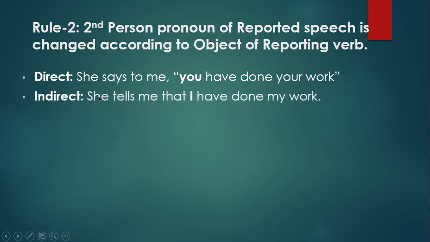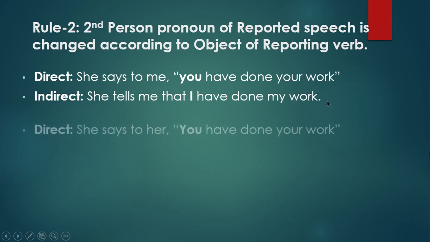She tells me that, this you, now we can say to whom this reported speech referred to. She says to me. So we will change this you according to I. So you see me. So she tells me that I have done my work.